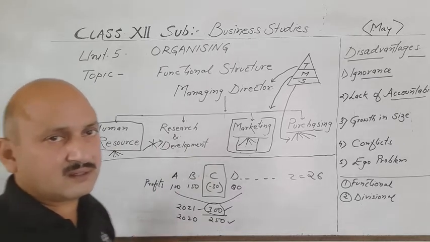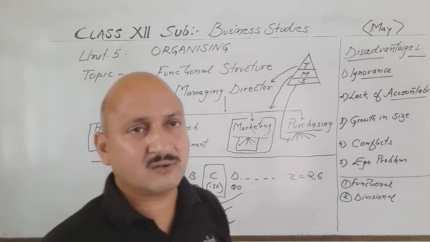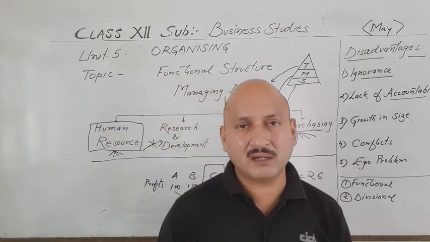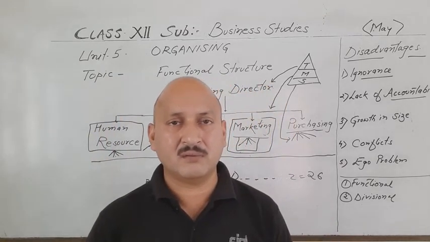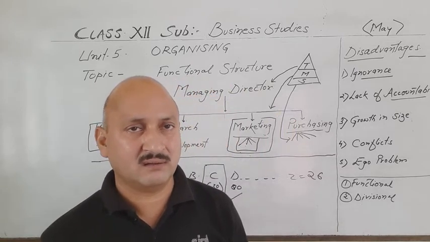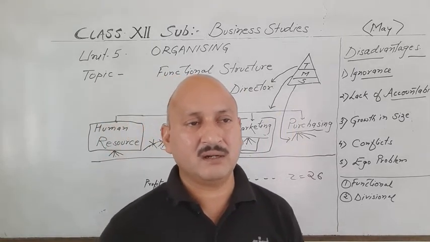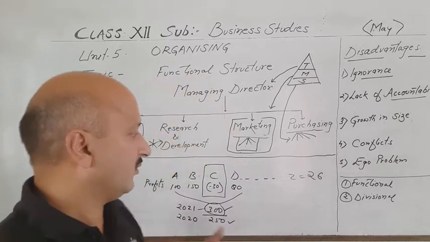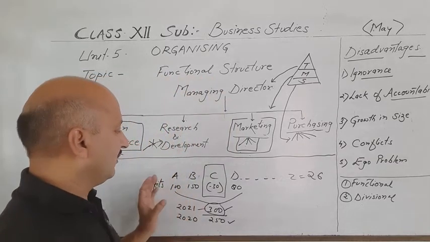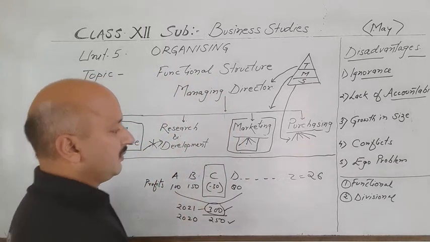I have told you earlier that it is very good up to a limit in the number of products. But when the number of products increases beyond a certain limit, it will be difficult to manage each and every product. It may be up to 60.